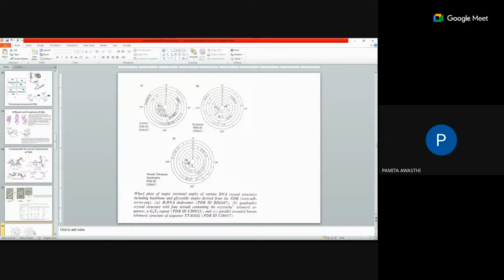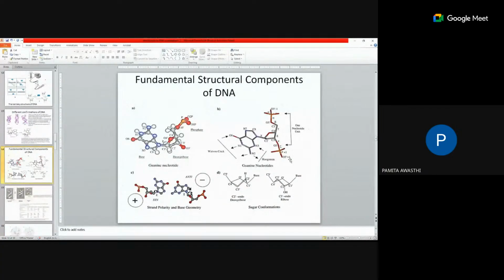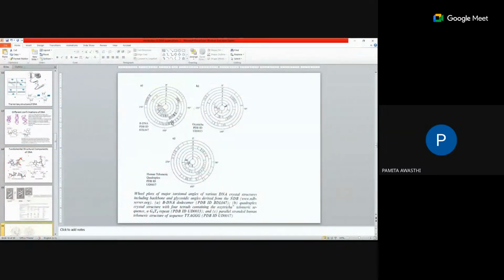So finally, in this particular slide, we will be discussing the comparative wheel plot distributions of the various dihedral angles that we have discussed, the chi, starting from alpha, beta, gamma, delta, as well as the sugar puckering, etc. If we need to compare these angles, a wheel plot has been drawn.